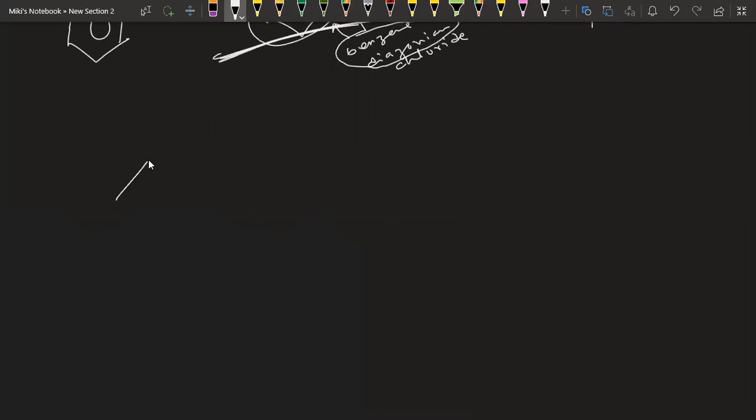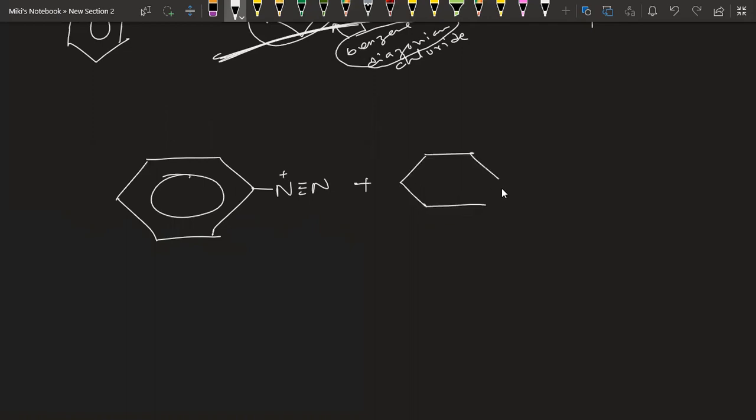So this is our benzene diazonium chloride, the benzene ring, then we have our nitrogen triple bonded with a positive charge. In this case, chloride is not important because we are concerned only about the benzene diazonium ion. So benzene diazonium ion plus we have this phenol.